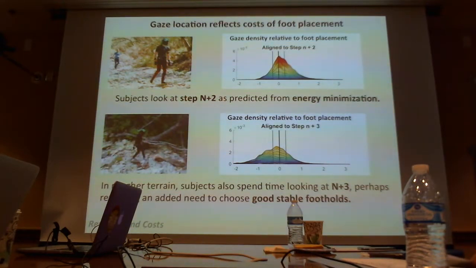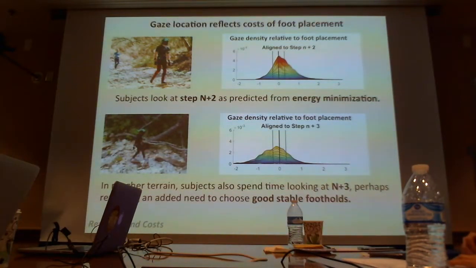But now if we look at more complex terrain here, this is quite rocky, you also start spending a fair bit of time on step n+3. So for a very rocky terrain like this, it's not all about energy. There are other things that come into play. This is one of the interesting questions about natural behavior: what are all these costs?